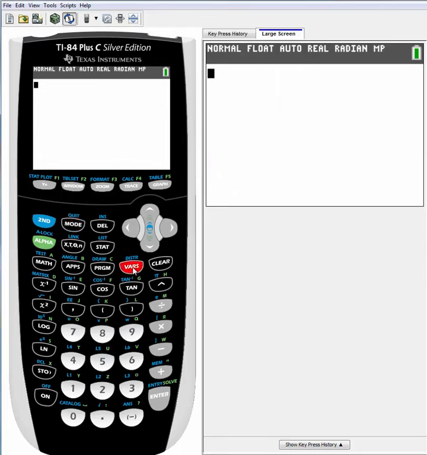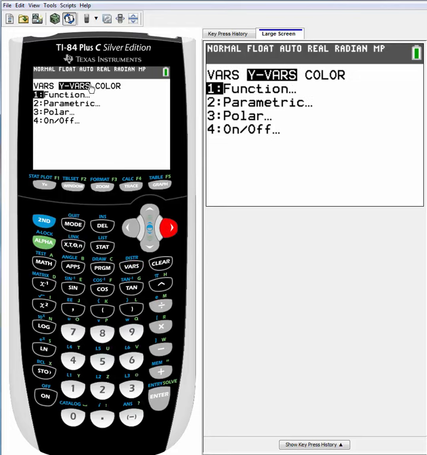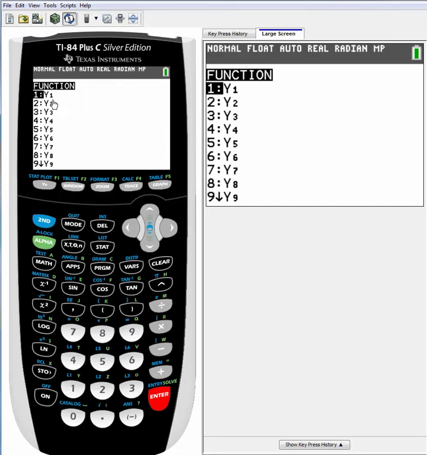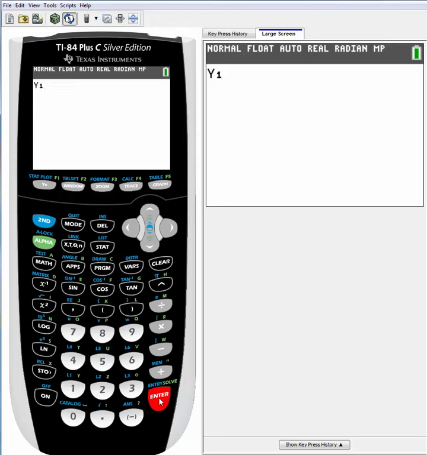If you press vars, scroll over to yvars, and then choose the first option, function, it's going to give you a list of all the different functions on that list of graphs. Choose the first one because that's where I put the original function. All you have to do is put the input in with the parentheses, so it's kind of like function notation. The calculator is going to evaluate whatever we have in this first function at the value that we put right here.